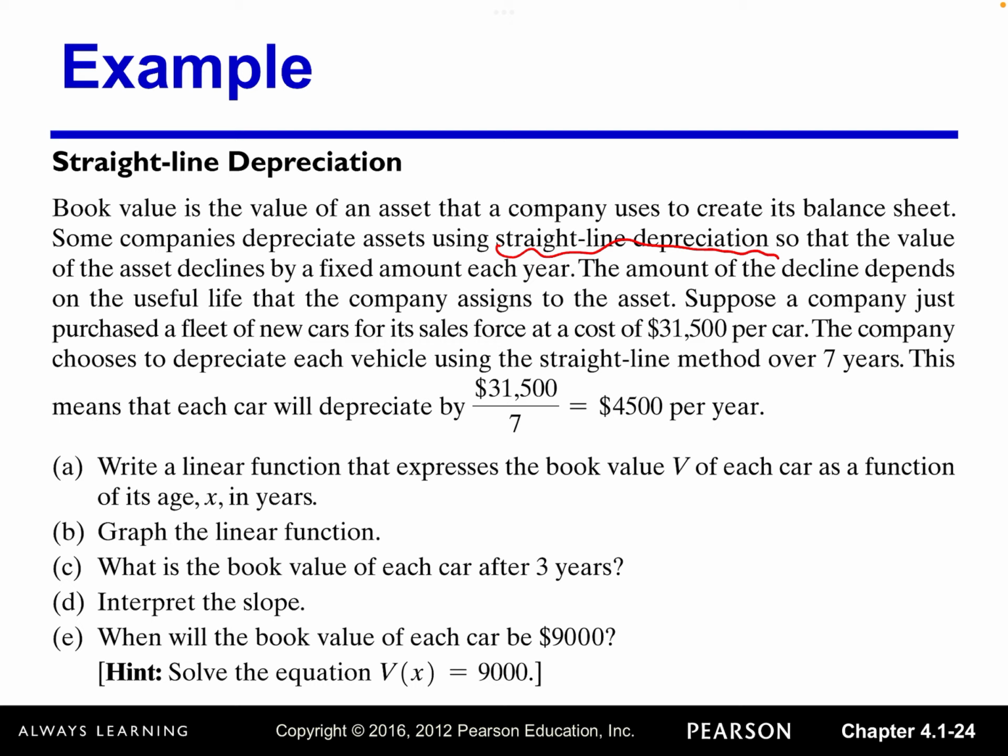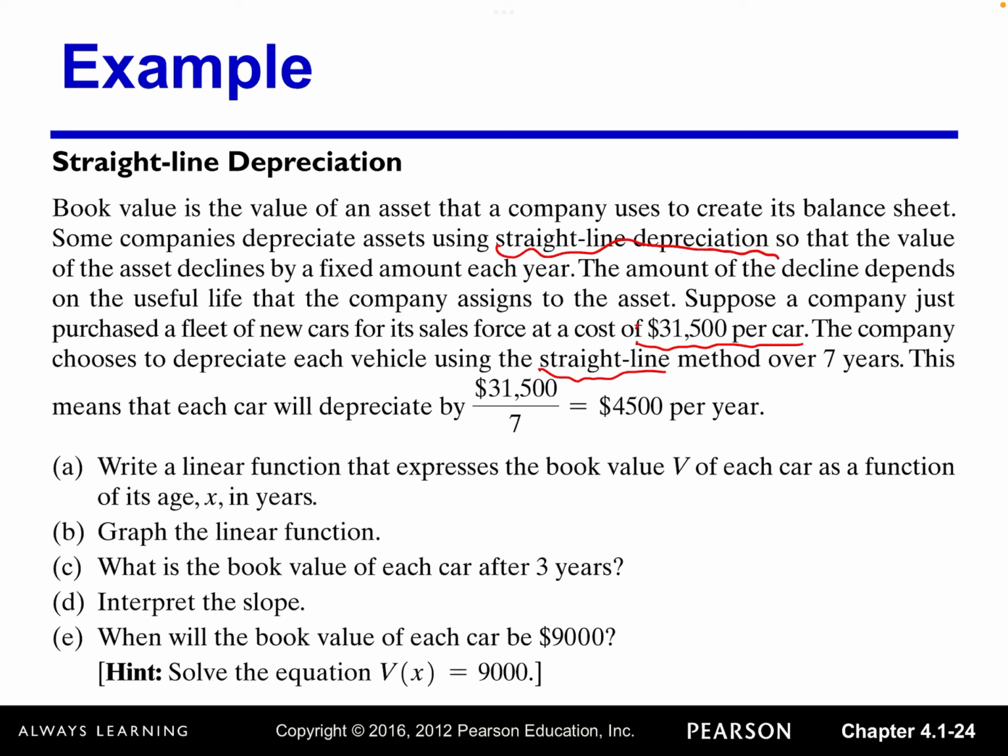The amount of decline depends on the useful life that the company assigns to the assets. Suppose a company just purchased a fleet of new cars for its sales force at a cost of $31,500 per car. The company chooses to depreciate each vehicle using the straight line method over 7 years.